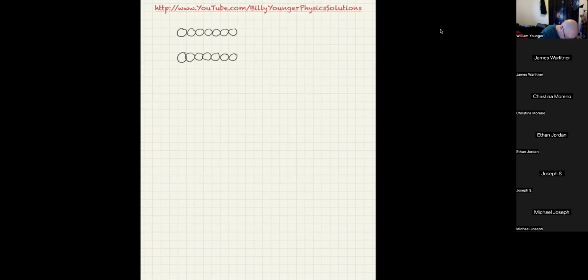The way we indicate that is we just put a dot here, and that's like you're looking at the front of an arrow, like a bow and arrow. And this looks like you're looking at the feathers in the back of an arrow. So that's how we indicate that.